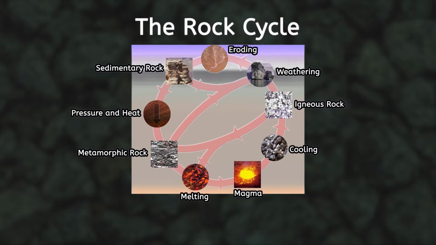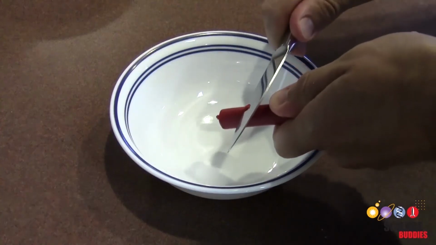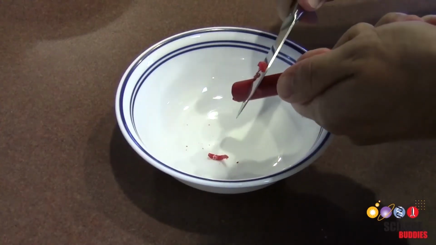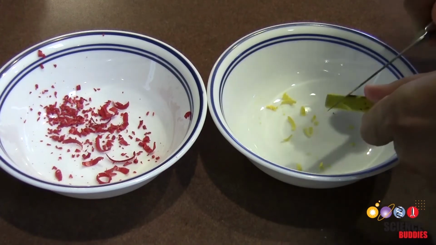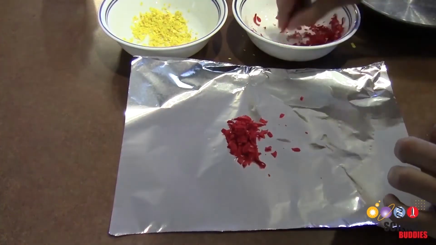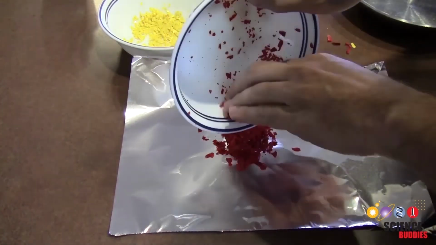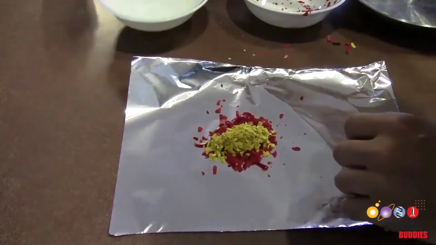The main ingredient is coloured crayons. You'll also need some aluminium foil and a bunch of other stuff. Select 2 colours of crayon and carefully shade them into separate bowls. Place them both onto foil, one on top of the other.